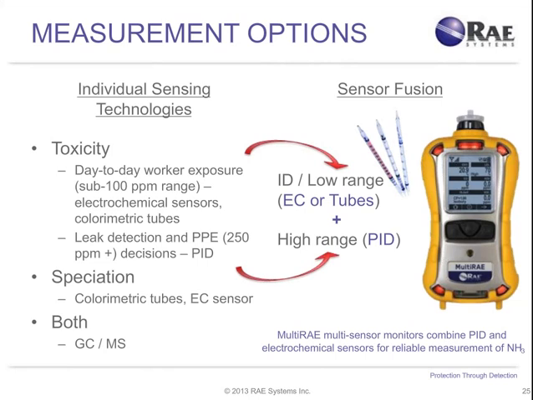Once you have to measure at a higher range, we suggest that you add a photoionization detector, which is a broadband tool, but it can still detect ammonia very well. And in combination, these two sets of tools, PID with an electrochemical sensor and a PID with tubes, should provide a very good way of measuring ammonia.